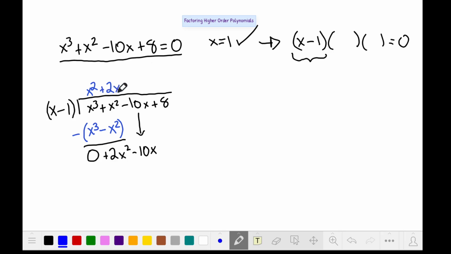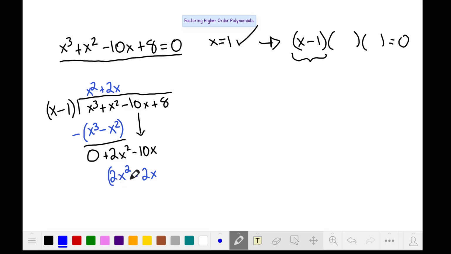And now the newest blue term multiplies the outside terms. So I've got 2x times x, that gives me 2x squared. Perfect. And then 2x times minus 1 gives me minus 2x.